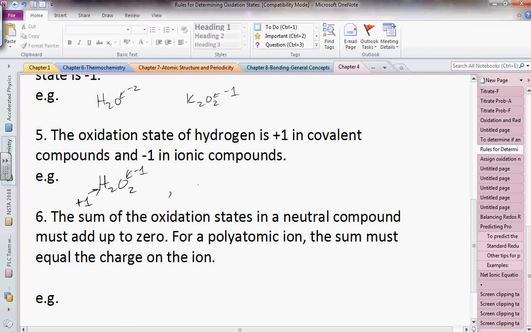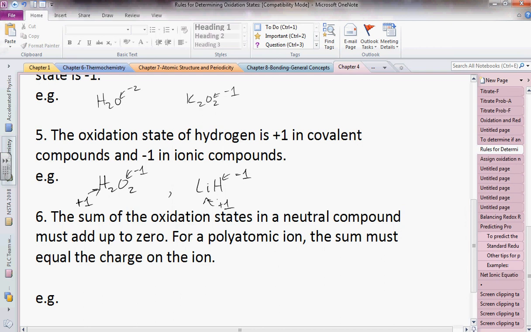If we have an ionic compound like lithium hydride, the lithium has a +1 oxidation state because that's the +1 ion of lithium, and the hydride ion has a -1 charge, so we assign it a -1 oxidation state in ionic compounds. So look for those metals, guys. If you see a metal and hydrogen is the anion of that metal, then its oxidation state will be -1.